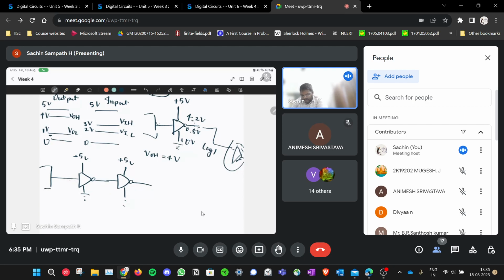It interprets this input as 0. Let's say the input here is a voltage that is logic 0, so it should be less than 2 volts. Let's say somebody gave 1.5 volts here. So this inverter is supposed to produce a logic high at the output. At the output, what would be considered logic high? Something above 4 volts, right?